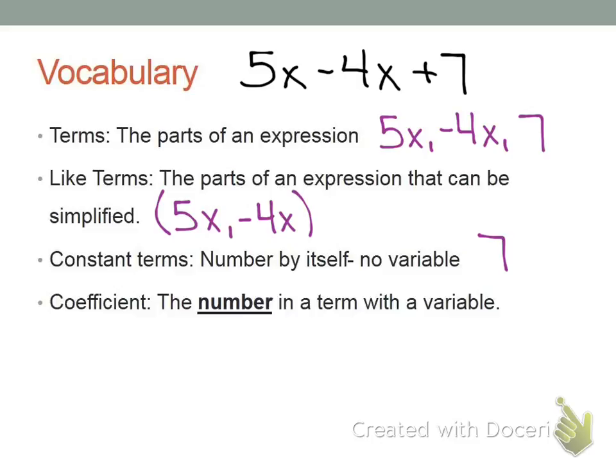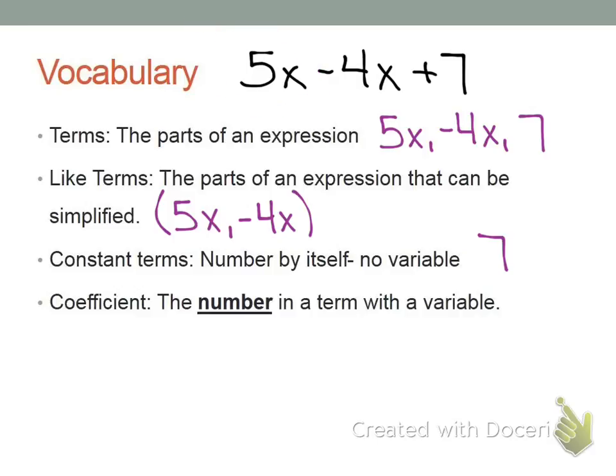Okay, and then we have a coefficient. A coefficient has to be in a term with a variable, and it is the number only, okay? So I look at my terms that have variables, like 5x. In the term 5x, 5 is my coefficient because it is the numerical part of the term. So it's the number only.